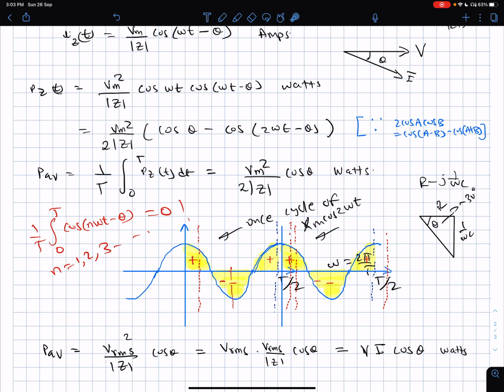So having said that, now this term's integration has gone away when I integrated it over a cycle. This cos theta remained the same. So therefore what became of the P average? P average is a term which is not instantaneous power, so I don't write small p of t here. I only write P average here, and every time I mean average, I mean average over a cycle.